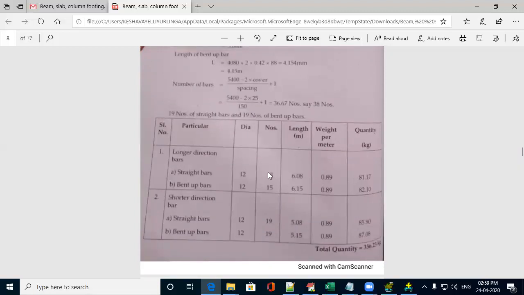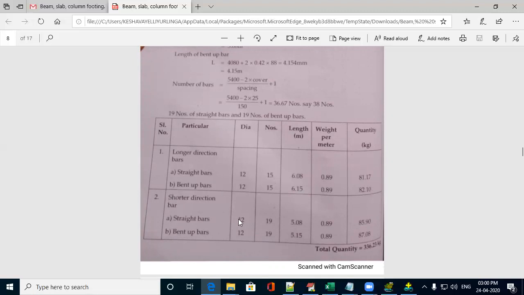You will get 0.89 for 12 mm diameter bars. If you multiply number, length and weight, you will get the weight of the steel in kgs. Similarly, for the bent up bars, 12 mm dia, 15 numbers, length will be more than this, 6.15. So 0.89 and you will get this.